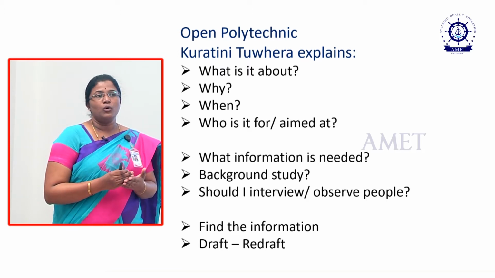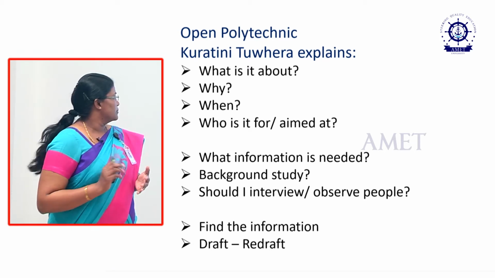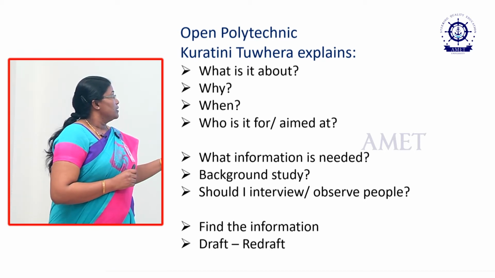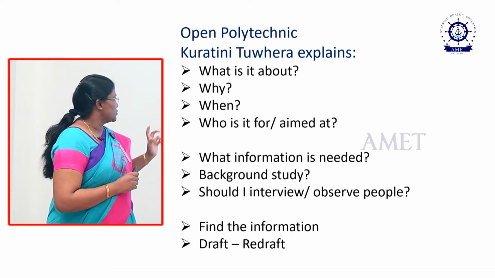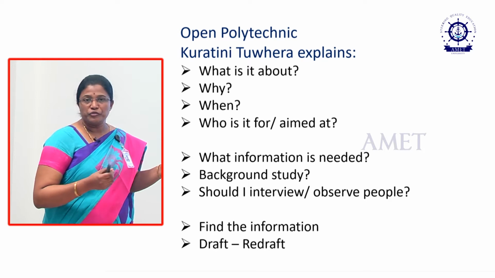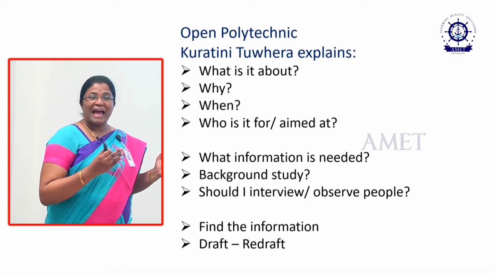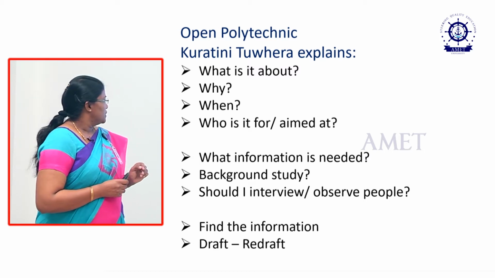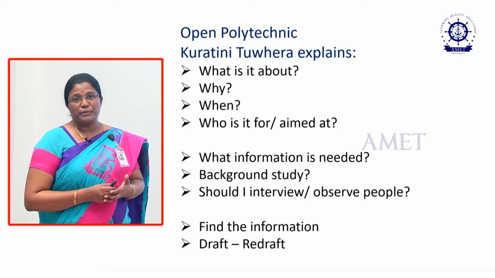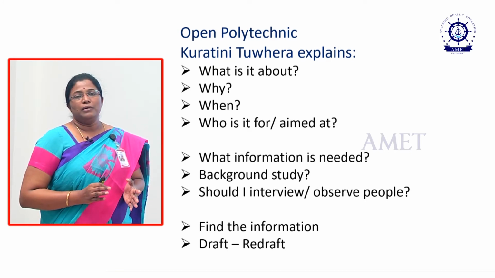You will have to collect the data or information to write a report. In order to collect the information, you will have to do a background study, or you can interview some people and collect the data, or you can observe people or happenings and collect the data. It can be any of these things. Once you have collected the information, you start drafting it in a formal report.